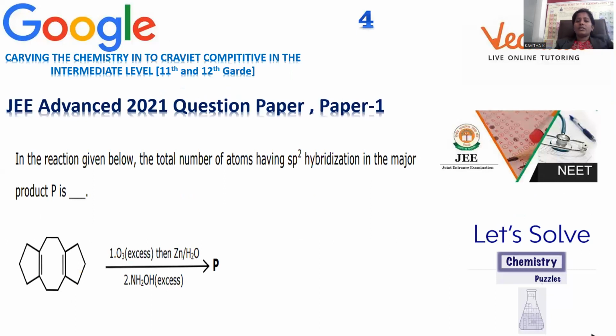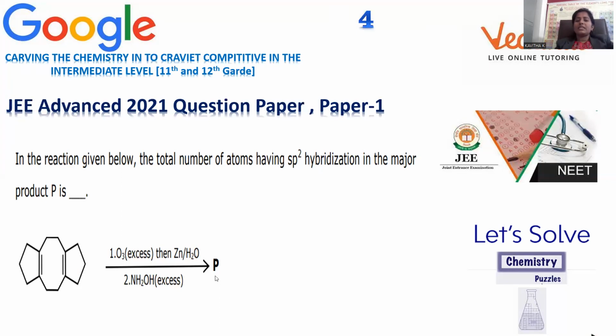And moving to question number 4, again it is collected from the JEE Advanced 2021 question paper, paper 1. In the reaction given below, the total number of atoms having sp2 hybridization in the major product P. So here it is a kind of logical question where you have to identify the product P. After getting product P, you have to analyze what is meant by sp2 hybridization, what is sp3, what is sp.